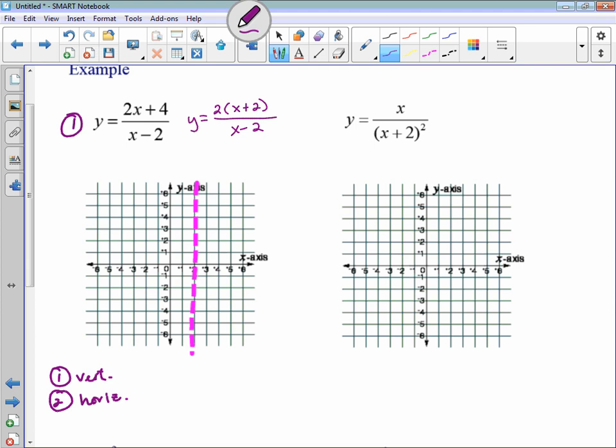The degree of the denominator is a 1. So those are equal, the same degree. So all you have to do is divide your leading coefficients. What's 2 divided by 1? 2. So that is your horizontal asymptote, at y equals 2. So this one has asymptotes at x equals 2 and y equals 2. I'll graph that.